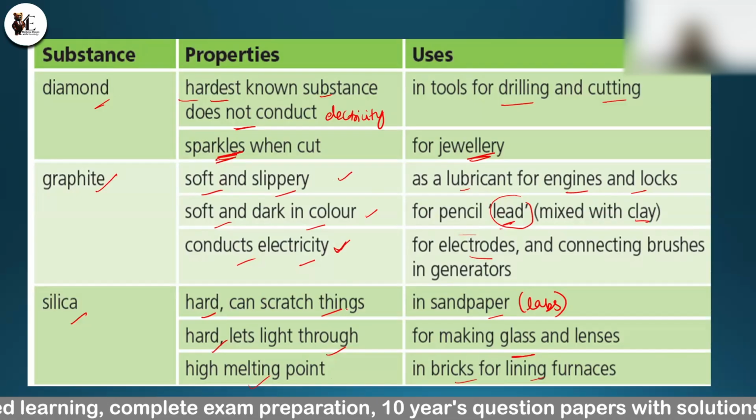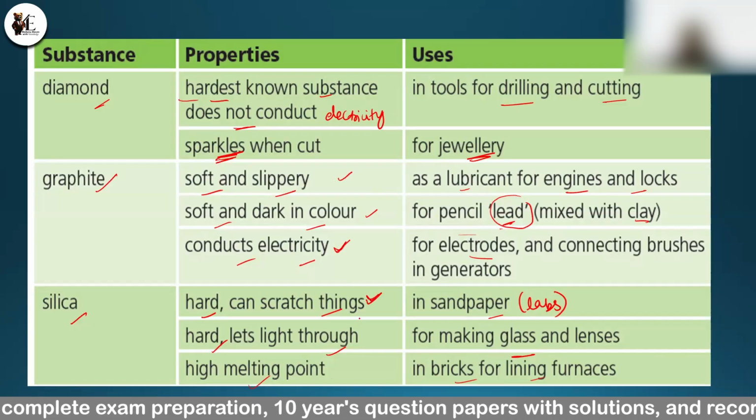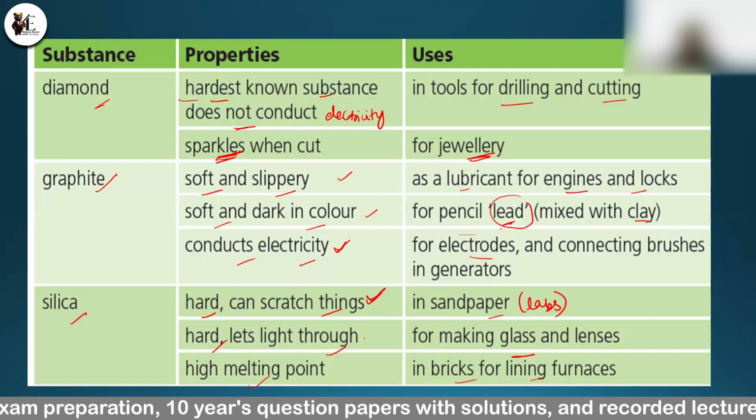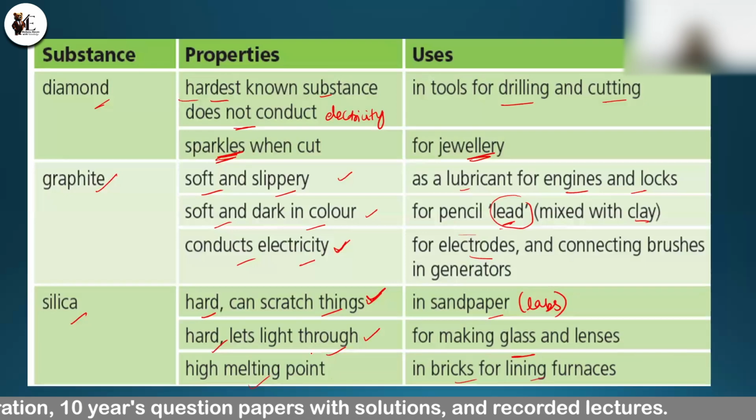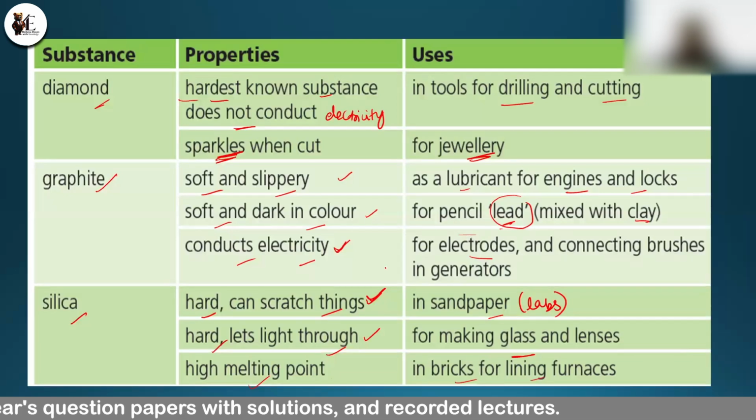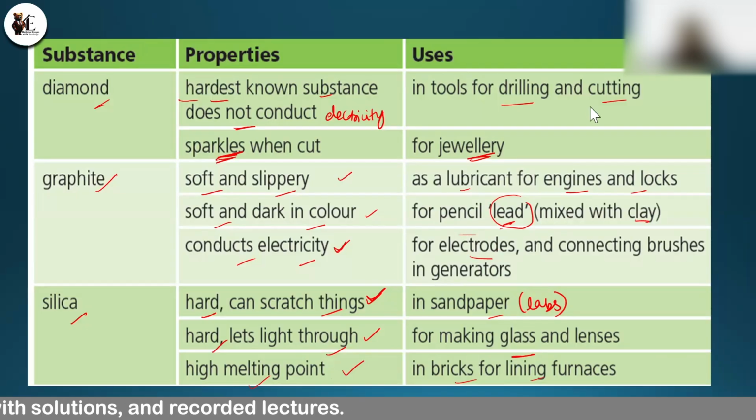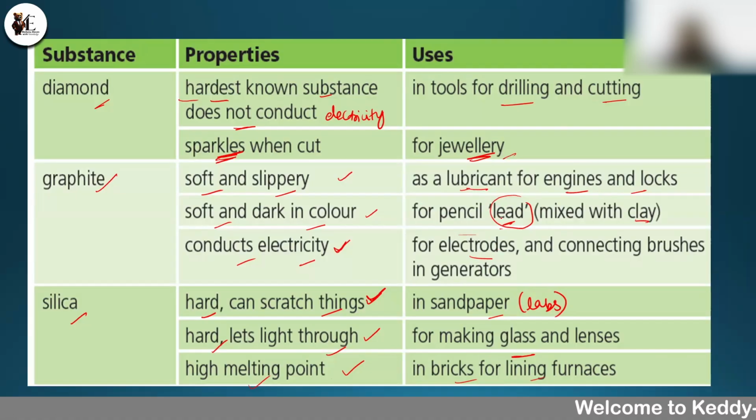Silica is hard and it can scratch things. It lets light through it, and it has a high melting point. Uses, you should also remember: diamond is used for drilling and cutting, and for jewelry. Graphite is used as a lubricant for engines and locks. For pencil lead, it is also mixed with clay.